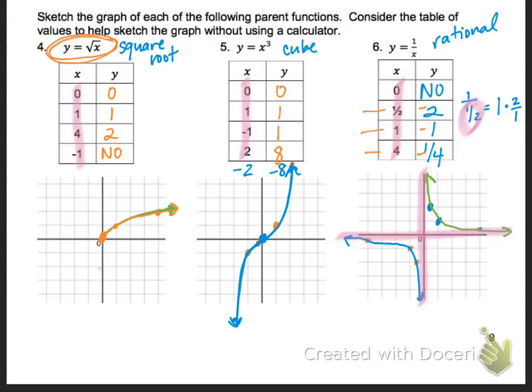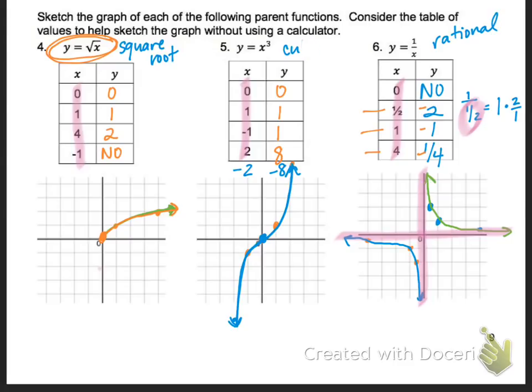So for this lesson, we now have 6 parent functions that we're responsible for. Right now we have the parabola, the line, the absolute value. Those were the first 3. Now we have square root, cube, and rational.